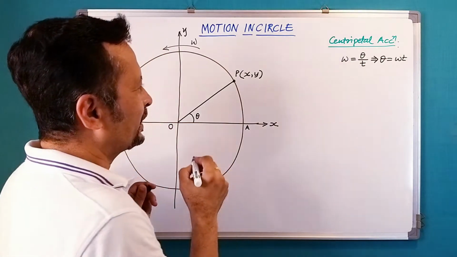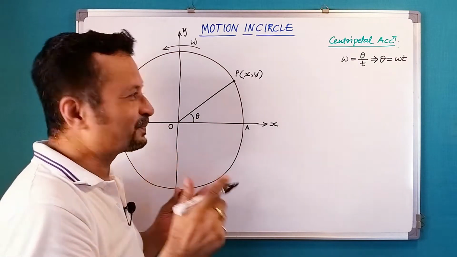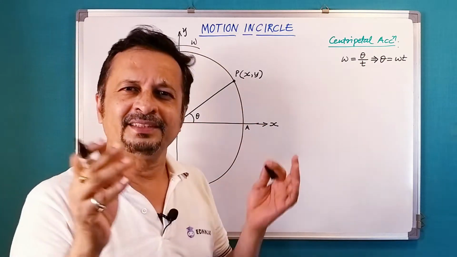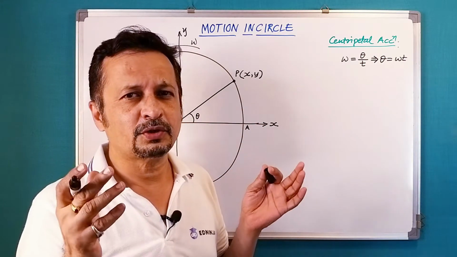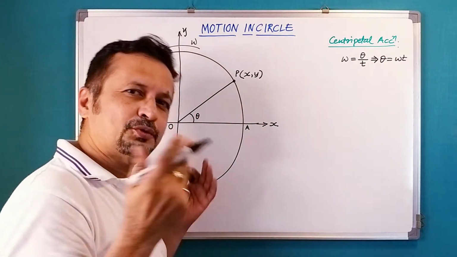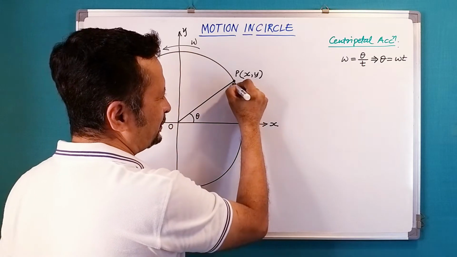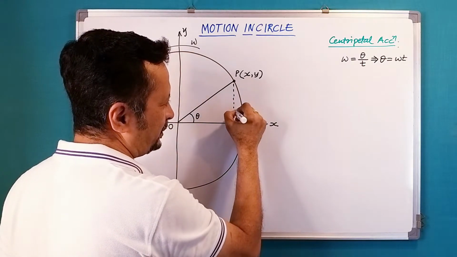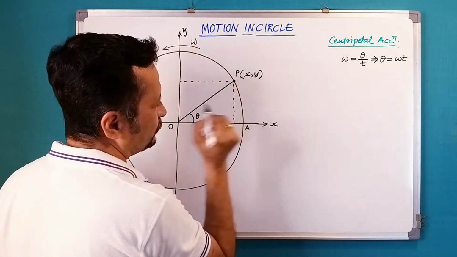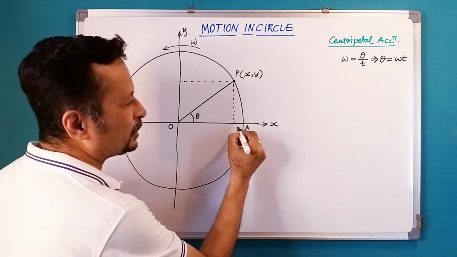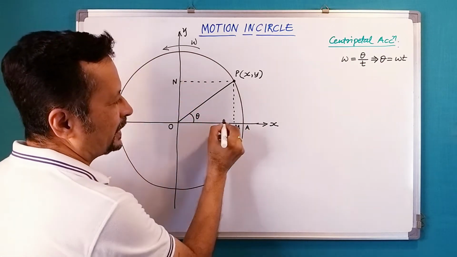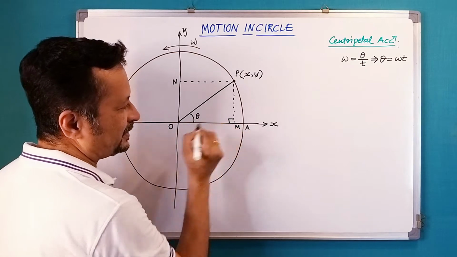Now about the coordinates of point P. I want to know what x and y are in terms of angle theta here. So I'm going to do some trigonometry. I draw a perpendicular on the x-axis and one on the y-axis. Let me call this point M, and this point N. Obviously this is 90 degrees.